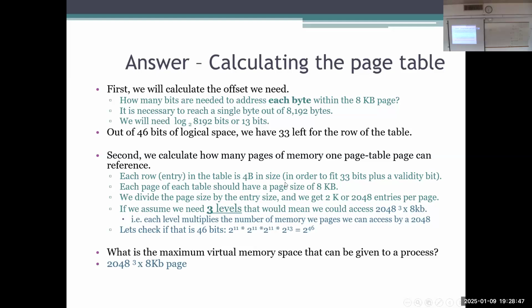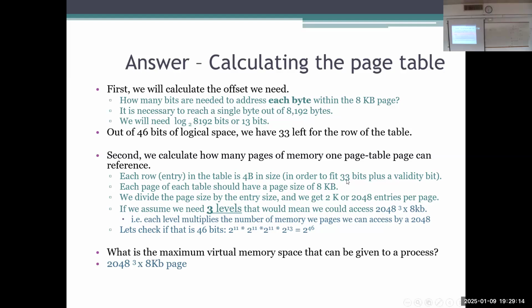How is 4 bytes enough? I think it's meant to be 45 bits and 13 is used and you have 32 left. Maybe it's supposed to be 46 bits and we use 13 and we have 32 left. Yeah, that's a problem. I don't know why, I must have been writing this late at night. 4 bytes is only 32 bits. How can I fit it?